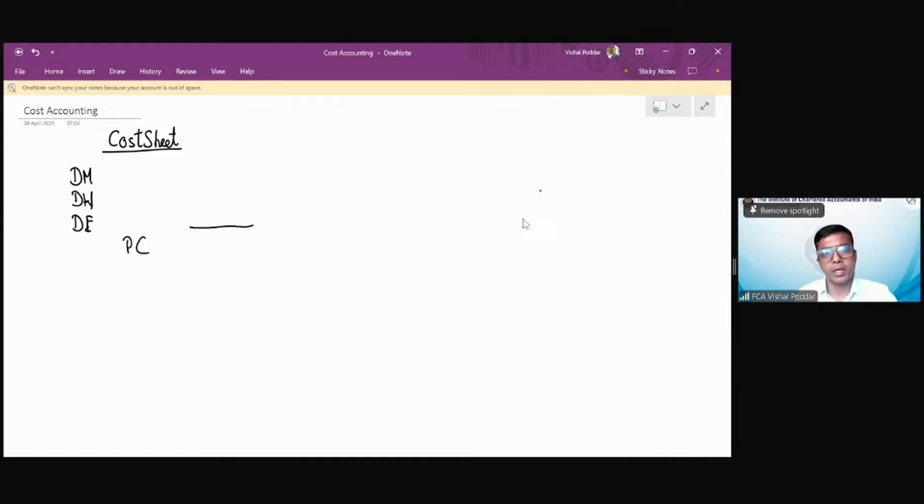Now understand one thing, the cost sheet you are preparing is for one single product or job or batch, whatever you are doing costing of. So today I am doing costing of 1044 batch number. Now, when I'm doing costing of this batch number, in a year, I may be preparing hundreds of different batches, out of which this is one of the batches.